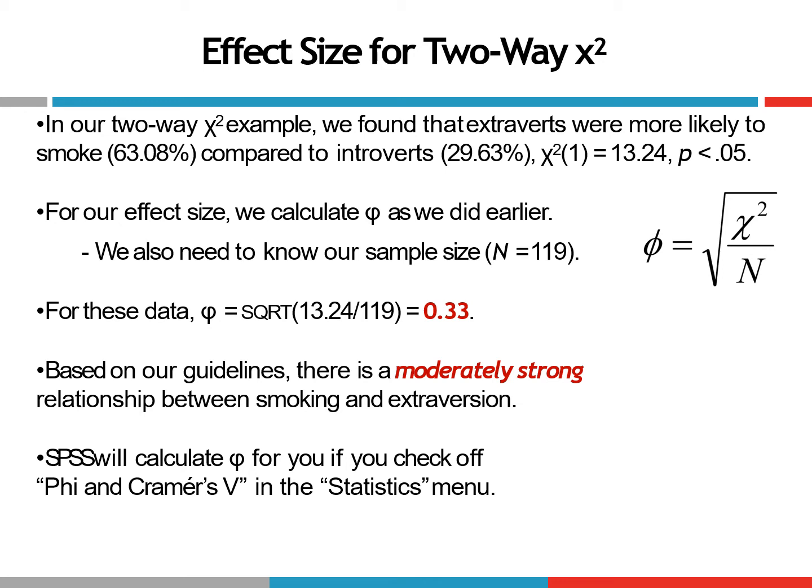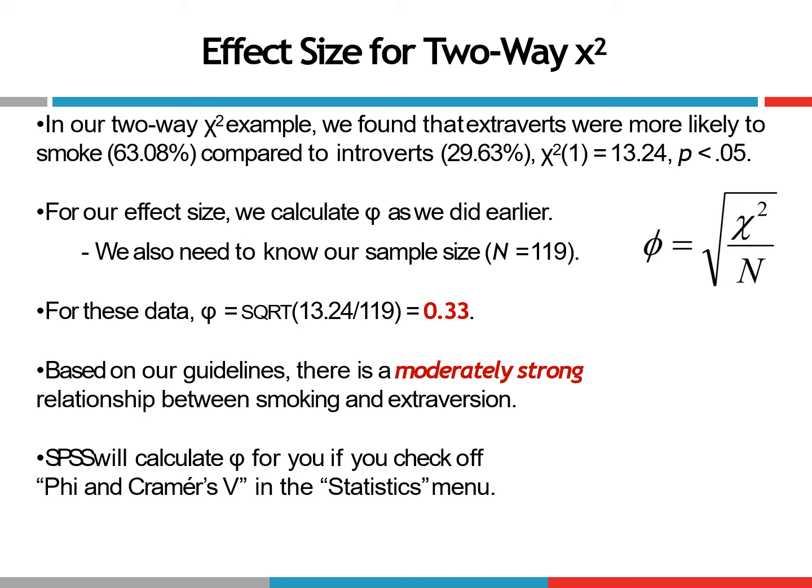So let's look at the effect size for a two-way chi-square. In our two-way chi-square example that we went over in class, we were looking at the potential relationship between extroversion and smoking behavior, right?